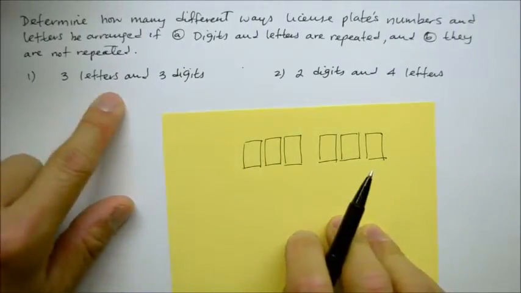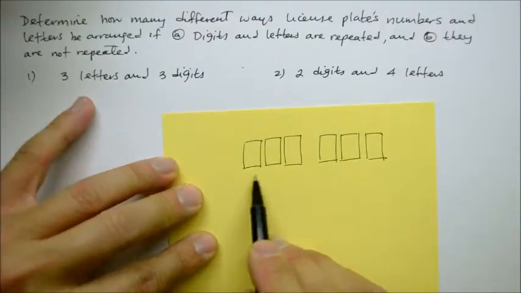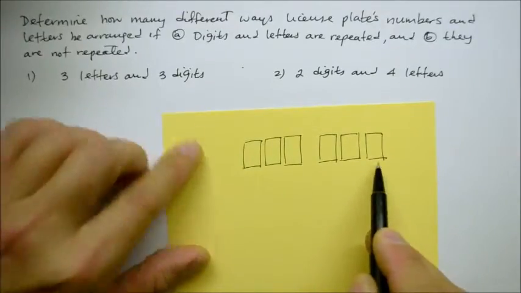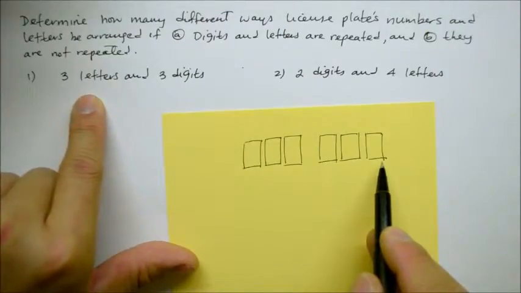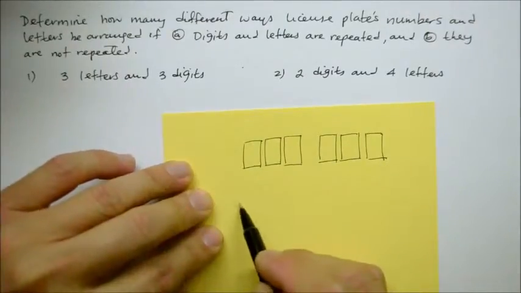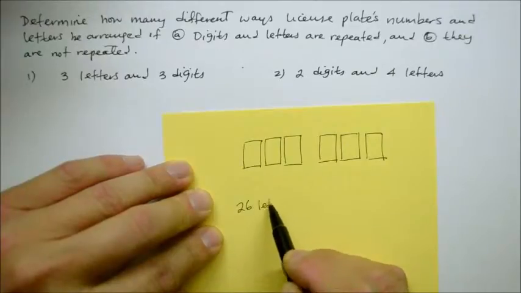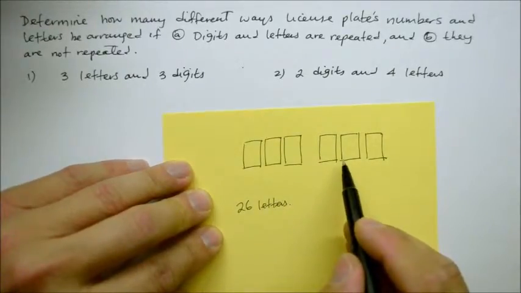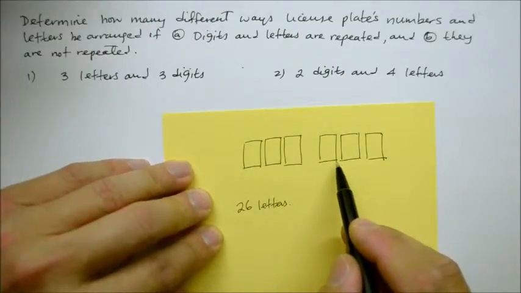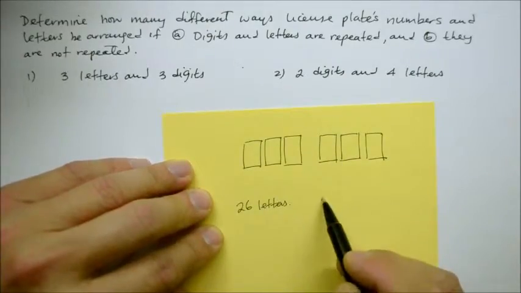In this case, the first 3 are letters and the last 3 are numeric digits. In the English language, there are 26 letters in the alphabet. And the Arabic numbers are 0 to 9, so it's 10 digits.